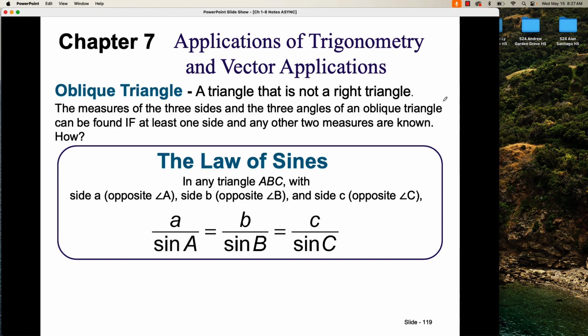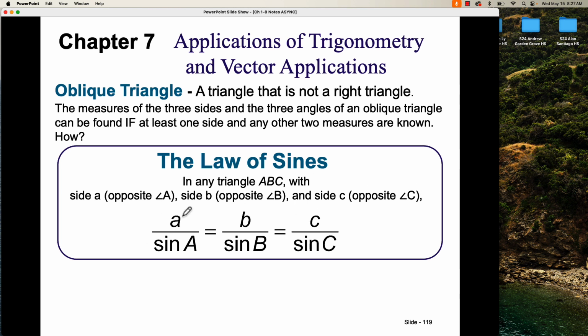In any triangle ABC with side lowercase a, opposite angle capital A, side lowercase b, opposite angle capital B, and side lowercase c, opposite angle capital C, the following is true.